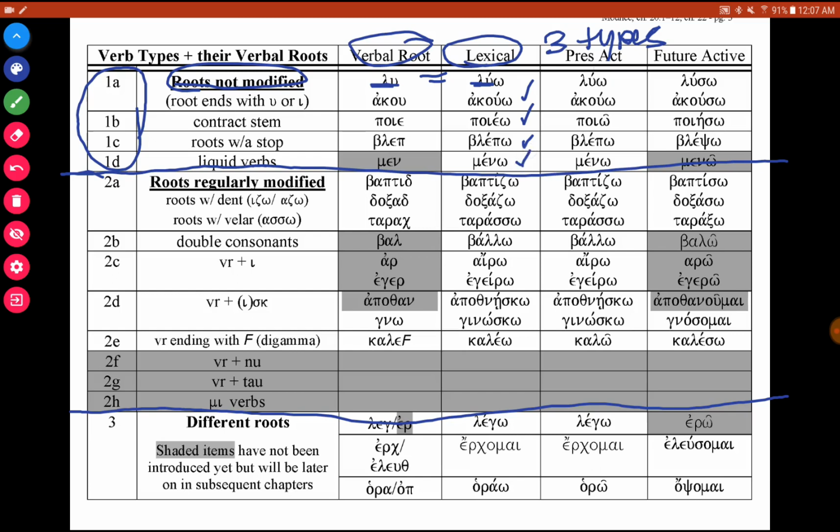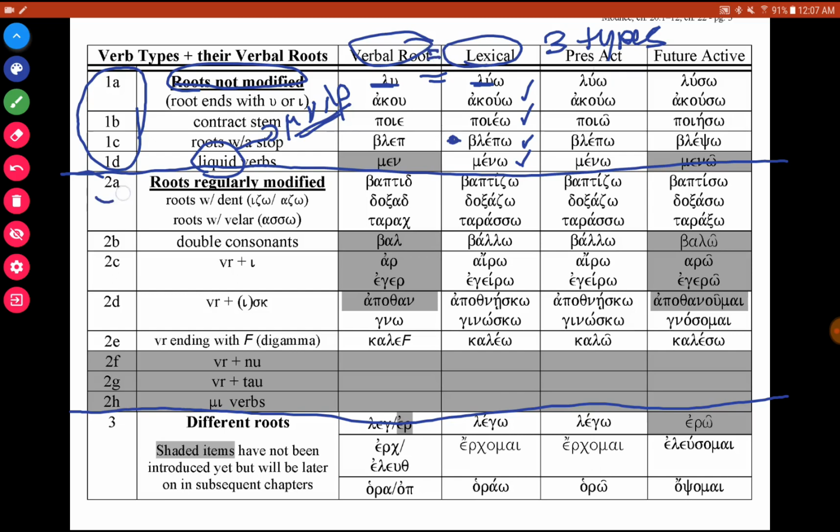And by the way, a liquid verb is one whose stem ends in a mu, a nu, a lambda, or a rho. If the stem ends with one of these letters, it's called a liquid verb. So there are some liquid verbs and verbs with stops that are type 1 verbs where the verbal root and the lexical stem are the same.